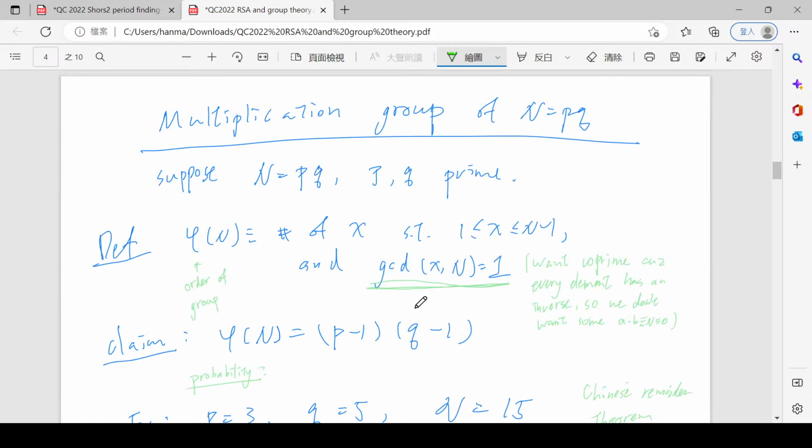Now we go into the group that is actually used in RSA. Now it's a multiplication group of some number n that has 2 prime factors, so n equals pq. As we said, we assume n is the product of 2 prime numbers p and q.